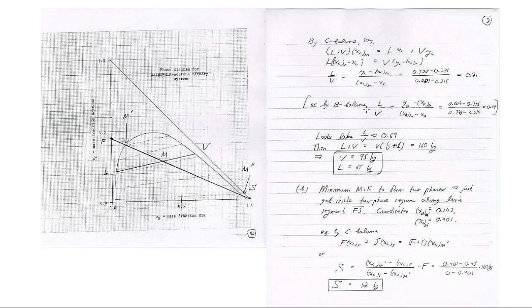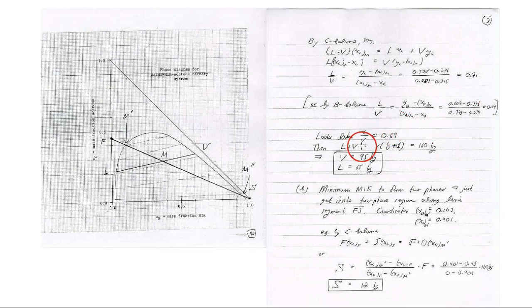Alternately, you could go by a B balance, and instead of using C mass fractions, say all the same words, but use B mass fractions. If I put in the B mass fractions, I get 0.67. So those two results are pretty similar. So I kind of split the difference and said, looks like from the graph, L over V is about 0.69.